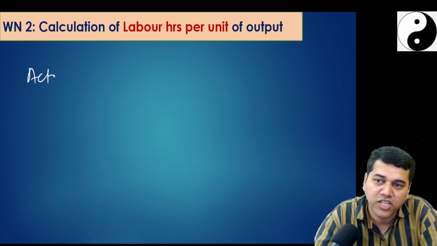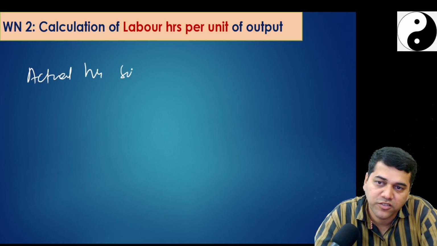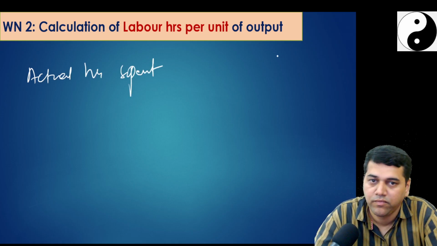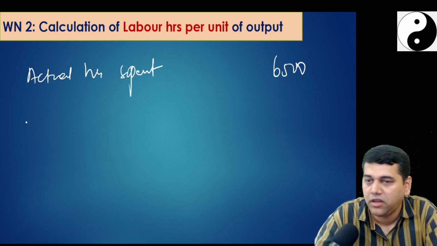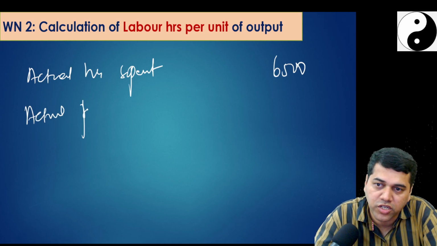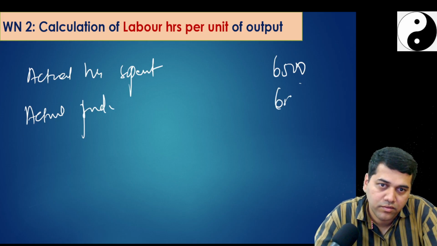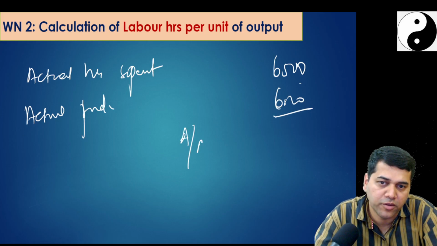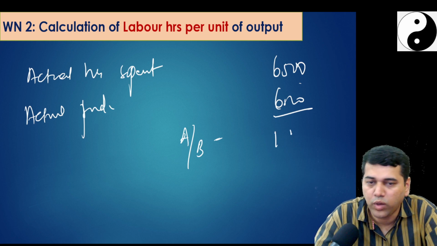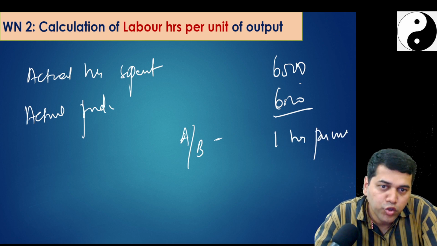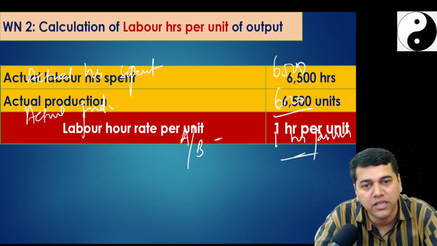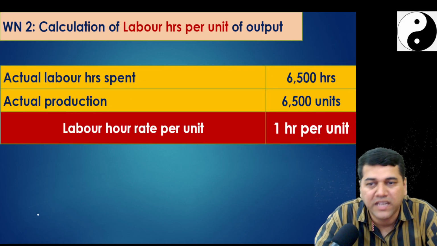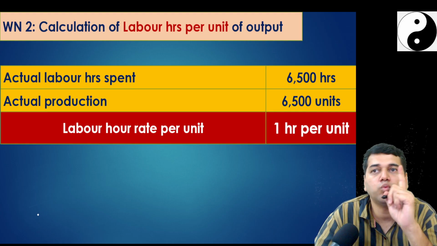So how many actual hours spent? 6500. How much is your actual production? So A divided by B gives you 1 hour per unit. So to manufacture 1 unit, it takes 1 hour.